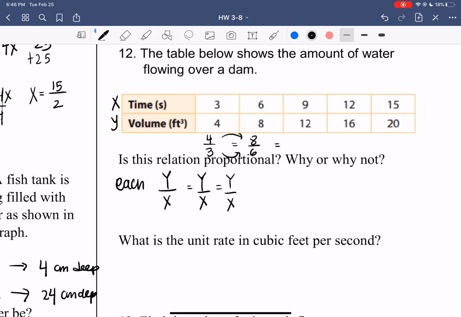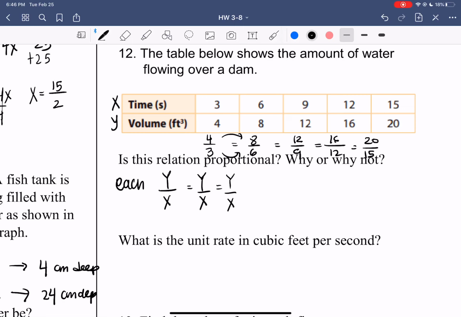So now we have 12 over 9, and is that equal to 16 over 12? Is that equal to 20 over 15?